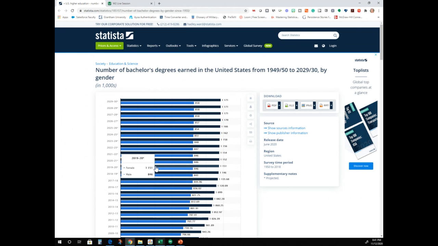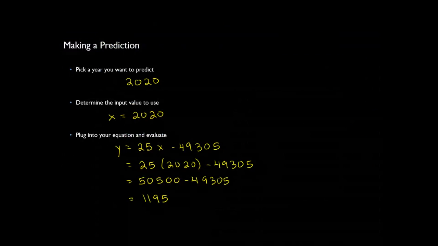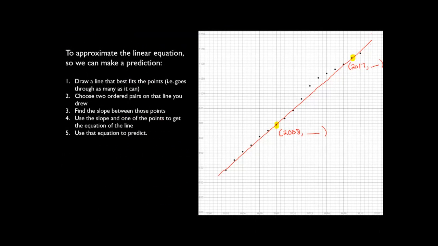That's not too bad, but it's a different number. You can come up with different predictions based off of how you drew your line. If I picked 2 different points, if I drew my line a little different, I could get a different equation. So if you give the same set of data to multiple people, they could come up with different equations, and that could cause some problems because it's like, well, which one's right?